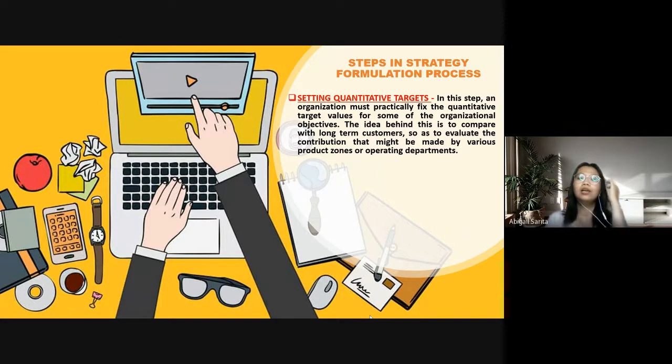Another example ng setting quantitative targets class is, for example, sabi kanina ni Justin, meron siyang milk tea business. Now, in the near future, gusto niyang mag-add ng pastries. Ngayon, sabi ni Justin, okay, sige, mag-a-add ako ng pastries. However, kailangan, sabi niya sa mga tao niya, para masabi natin na we are successful in this business, dapat every quarter kumikita tayo ng 50% above sa capital natin.